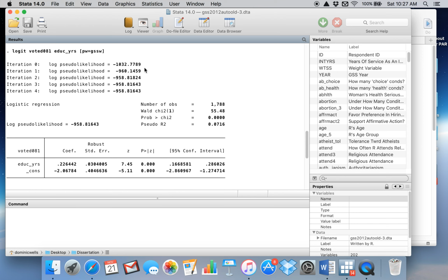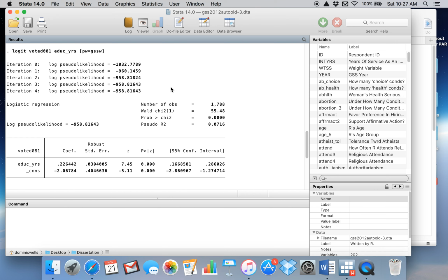And we're not very different from just random guessing, which would lead you to conclude that you're missing something in your model. Obviously, we only have one independent variable in this model. There may be other things we would want to control for to predict whether a person votes or not.